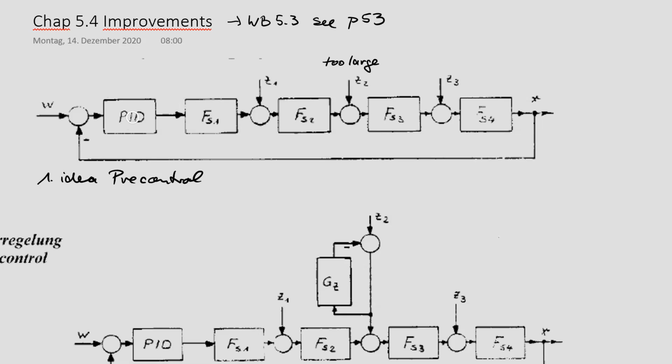First idea is the second integrator here cannot help, makes only the loop slow, and that is not an improvement, that makes the behavior worse.